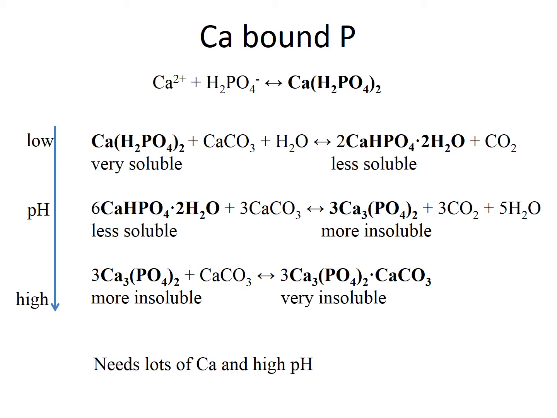So as you change the pH, if you make the pH higher and higher, so more alkaline, you start to form more and more of these more insoluble calcium phosphates. And that, once again, locks away the phosphorus, stopping it being available for life.